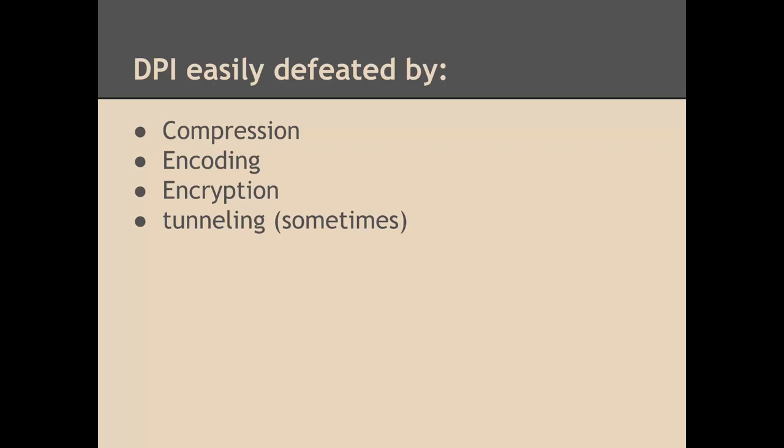Any form of encoding, you combine compression with encoding, you've defeated IDSs, IPSs with all the technology in the world combined. Encryption outright defeats them. Tunneling, sometimes it depends on how it's all done, as obviously as well as the encryption.